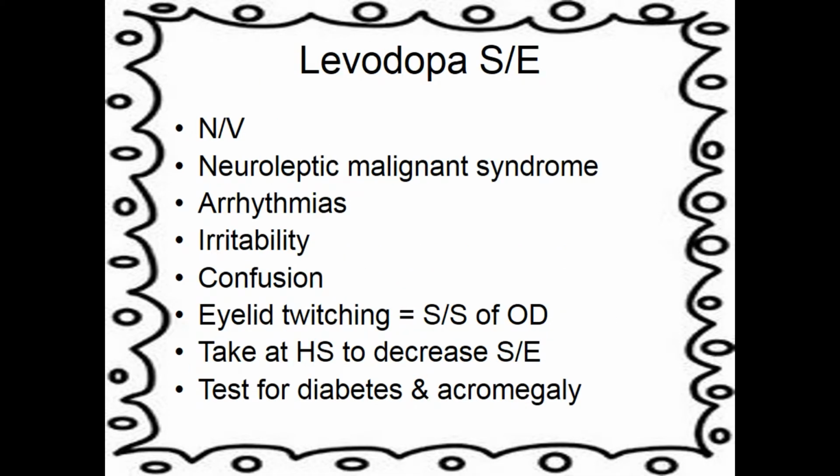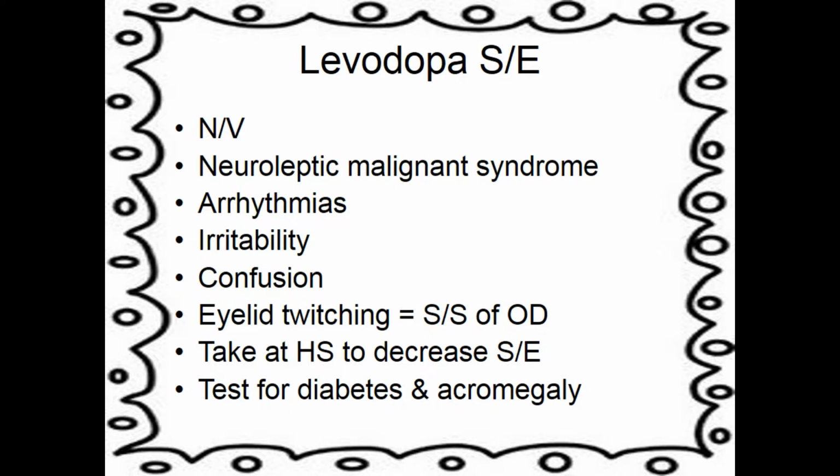Signs and side effects of levodopa include nausea and vomiting, neuroleptic malignant syndrome, arrhythmias, irritability, confusion, and eyelid twitching, which is actually a sign and symptom of an overdose. Remember to take at bedtime to reduce all of these side effects, and test for diabetes and acromegaly while taking this drug.